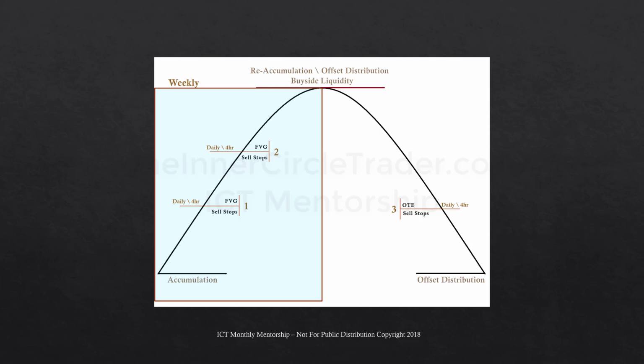Primarily, we're looking for some measure of consolidation initially, and then a run out of that consolidation. Then we'll find, hopefully, the first reaccumulation price point in the impulse leg that leads to the buy side liquidity pool or premium array.